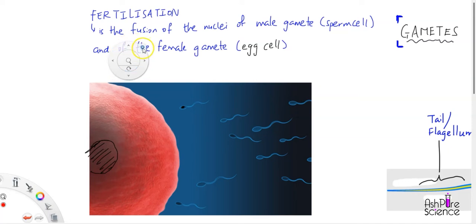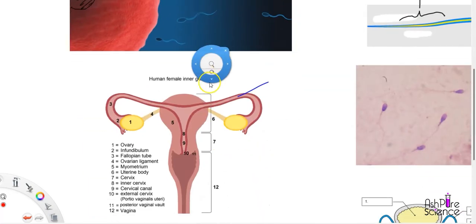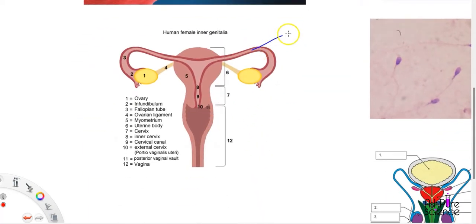As you can see, it's the fusion of the nucleus of the male gamete, which is basically the sperm cell, and the nucleus of the female gamete. And what we need to know is, where does fertilization occur in humans? It occurs within the oviduct. So the oviduct is basically the site where fertilization occurs.